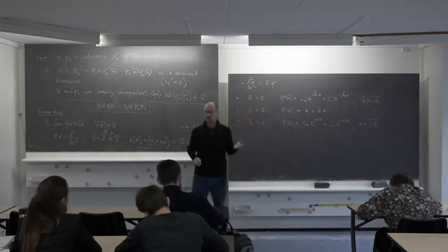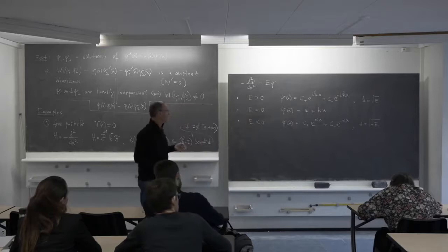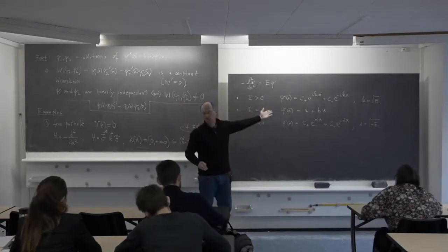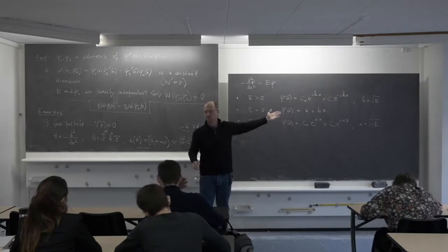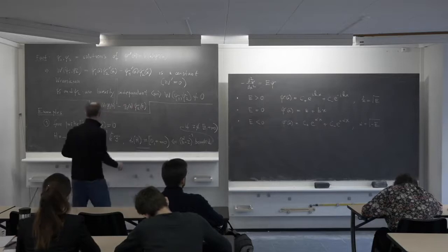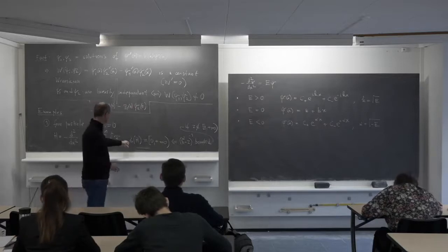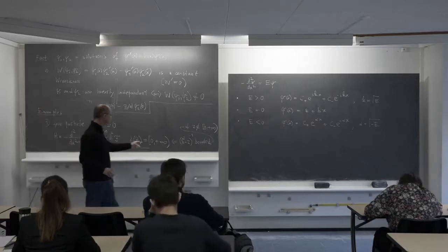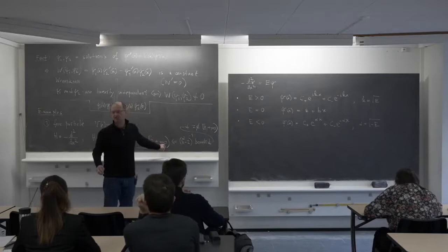Now here is a question. No matter what e is, there are always two solutions. But here there was the story of the spectrum. We were saying that the spectrum of this self-adjoint operator is 0 to plus infinity.